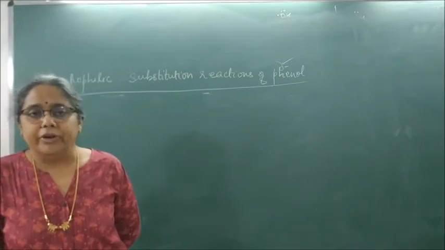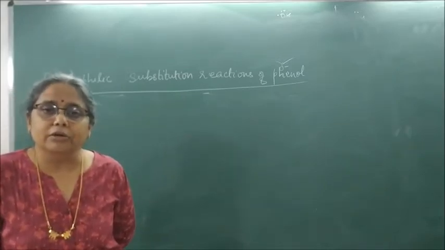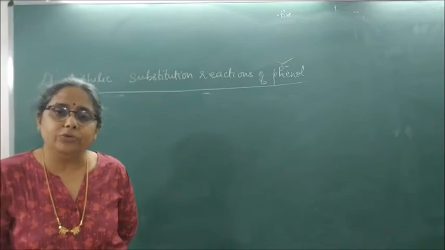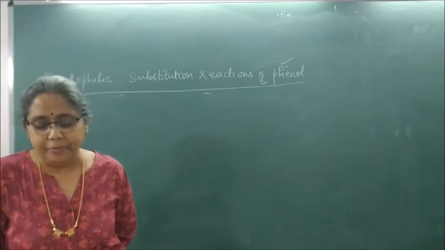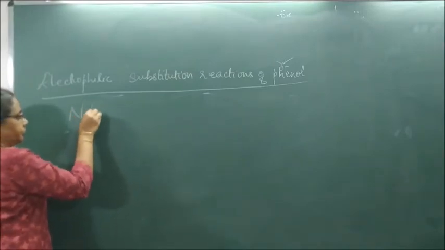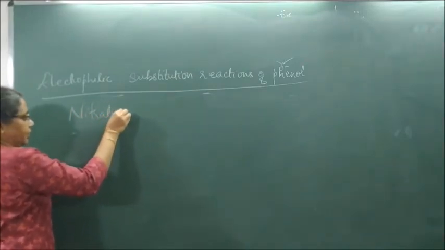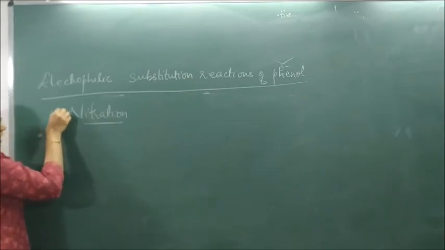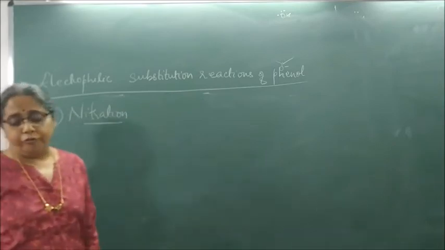So these resonating structures prove that any electrophile will be directed towards what position? Ortho and para position. So the first reaction, nitration. Please write, this is a very important reaction of phenol.